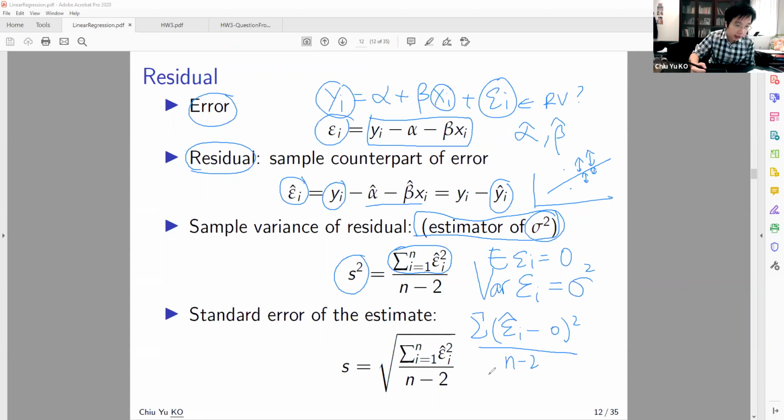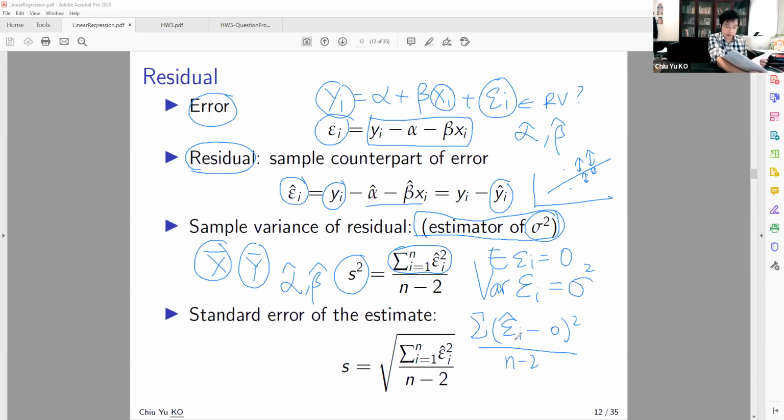You can explain by degrees of freedom because we have estimated x bar and y bar. So we have estimated two means here, or we have two parameters here, alpha and beta. So that's why you have minus 2, but that is an explanation, and I don't think we go into detail for this one.